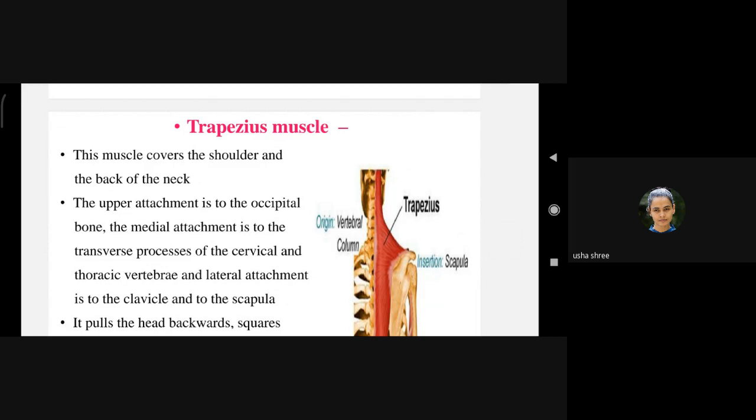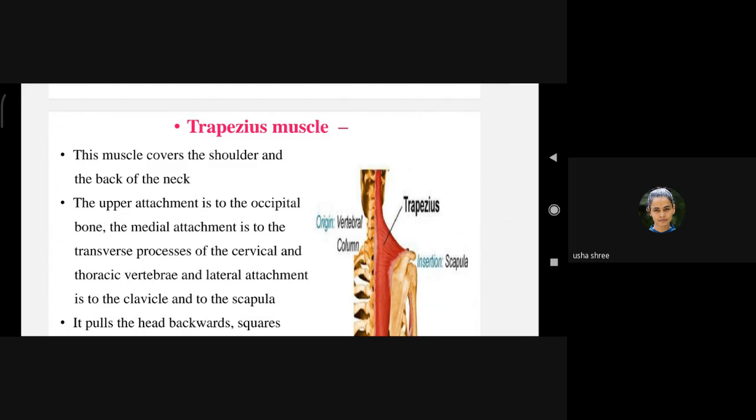Here the trapezius is a little different. It has more than two attachments. Initially it originates from the occipital bone, then from the vertebral column, from the cervical and thoracic vertebrae.